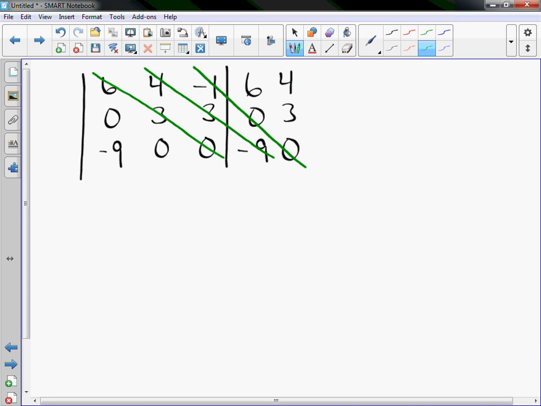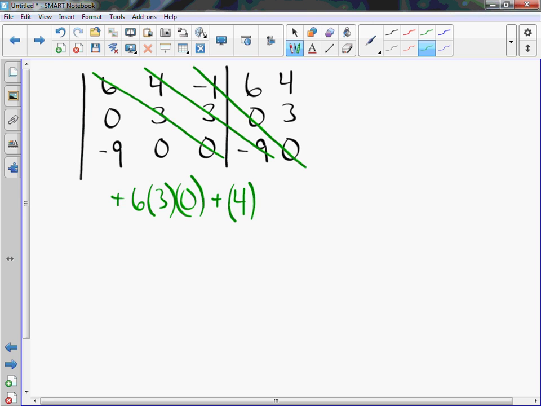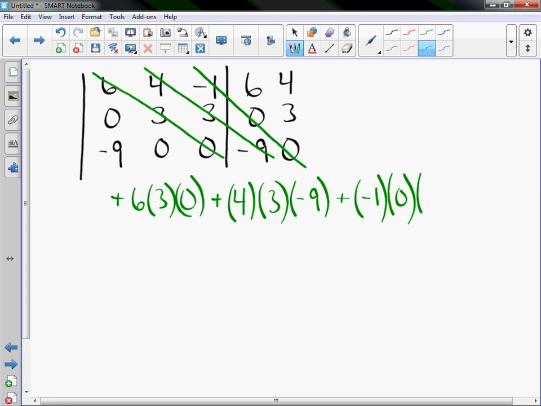All of the ones going left to right I'm going to add eventually. So 6 times 3 times 0, plus 4 times 3 times -9, plus -1 times 0 times 0. It's going to be really nice that I had those zeros in there in just a minute.